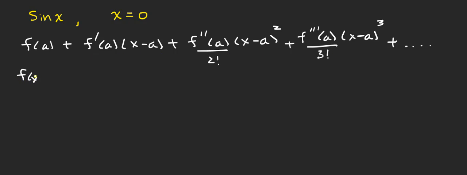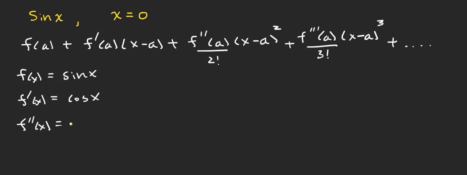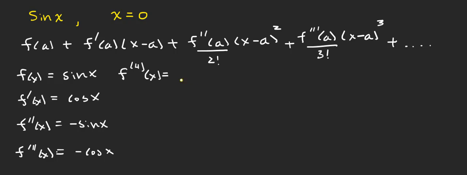So f of x equals sine x, f prime of x equals cosine x, f double prime of x equals negative sine x, f triple prime of x equals negative cosine of x, and then the fourth derivative of x equals sine x.